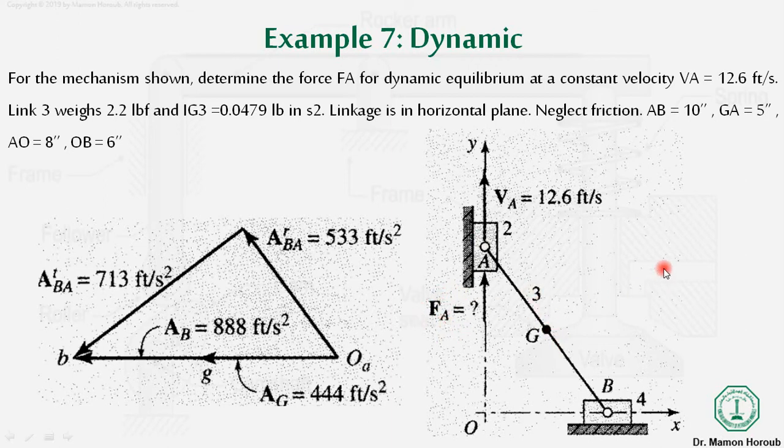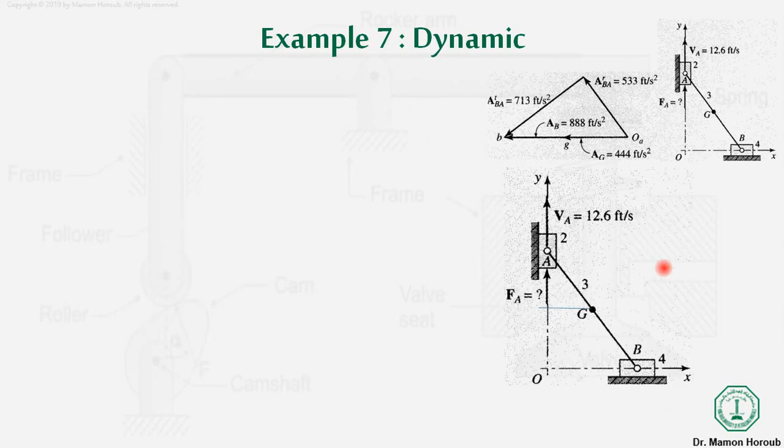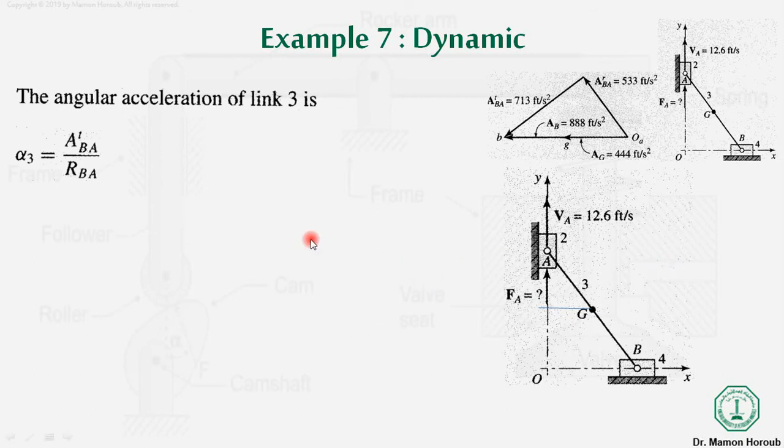Okay, so let's see which forces act on link 3. Before calculating the inertial forces and the inertial moments on link 3, we should have the value of the angular acceleration.